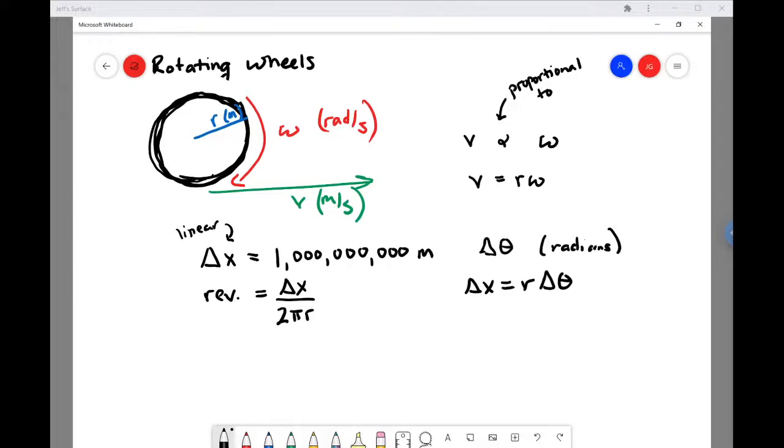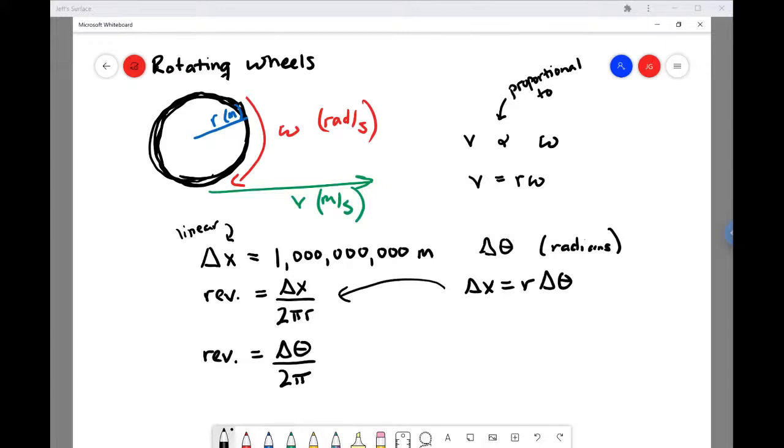So another way to think about this then is if delta x equals r delta theta, then delta theta equals delta x divided by r, and you see that that's in this expression over here. So an equivalent way to think about this is revolutions equals the angular displacement in radians divided by 2 pi, because there's 2 pi radians in every revolution.